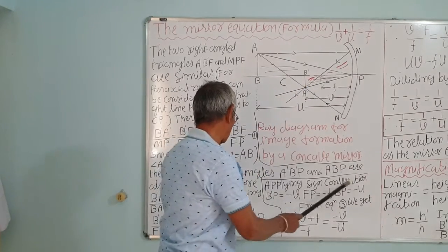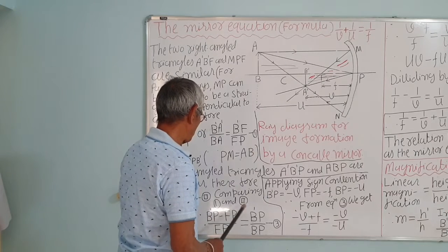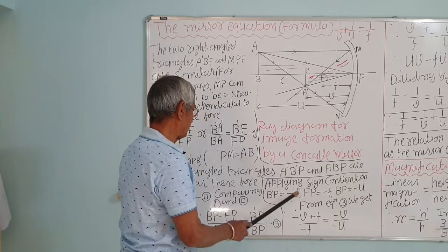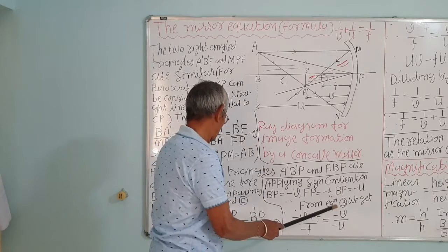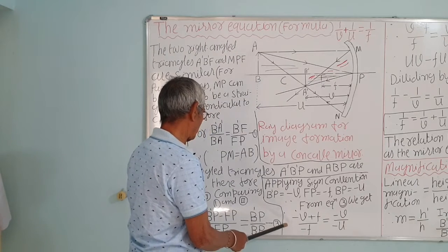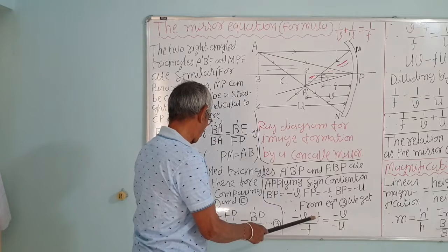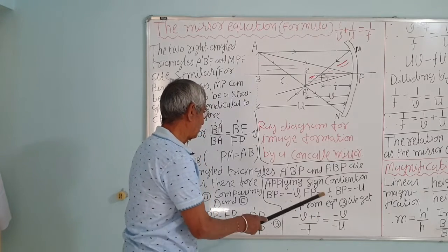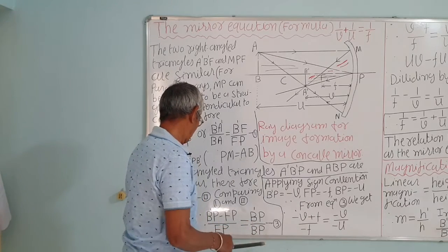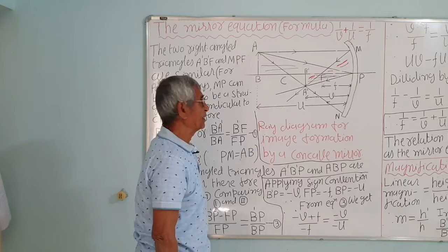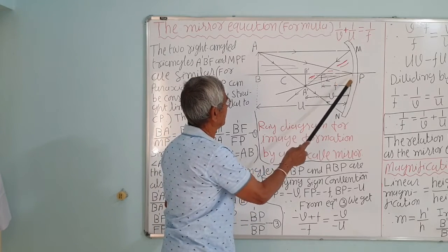So applying the sign convention, B'P is equal to minus V, FP is equal to minus F, and BP is equal to minus U. So from equation 3, put the symbols: minus V plus F upon FP, which is minus F. F is negative because all distances are measured from the pole as the origin.